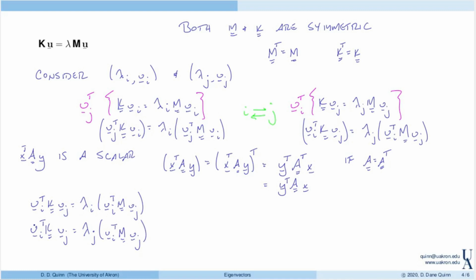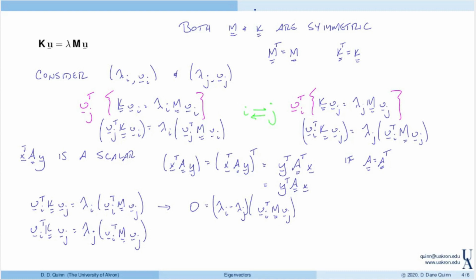So if I look, the left-hand sides are exactly the same, but the right-hand sides are different, because lambda i may not be equal to lambda j. So in fact, if I subtract these two, the left-hand side becomes 0, because these are the same. And the right-hand side is just lambda i minus lambda j times ui transpose M uj.